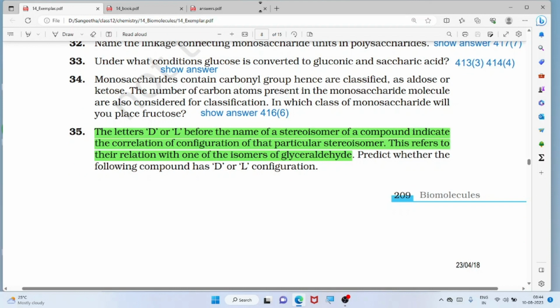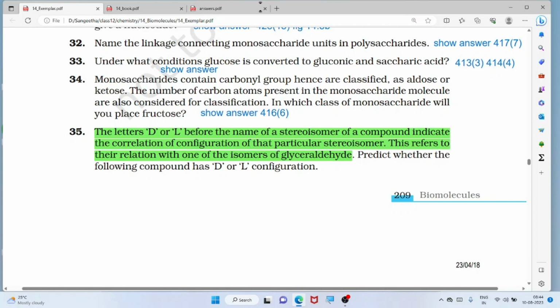Monosaccharides contain a carbonyl group, hence are classified as aldose and ketose. The number of carbon atoms present in the monosaccharide is also considered for the classification. In which class of monosaccharides will fructose be?